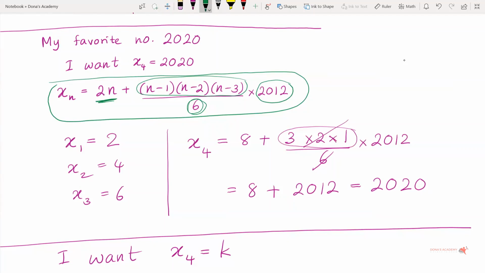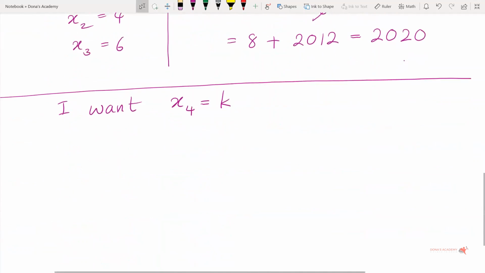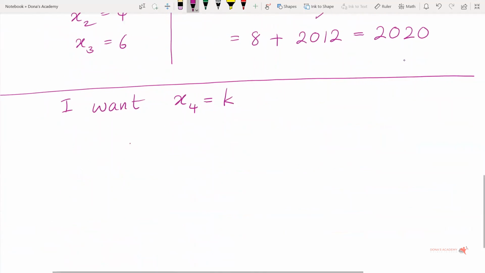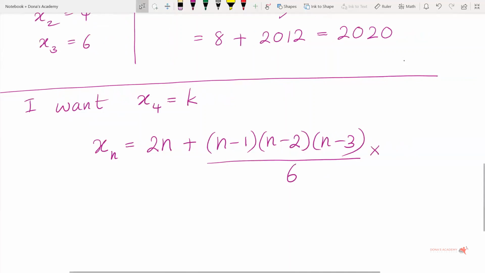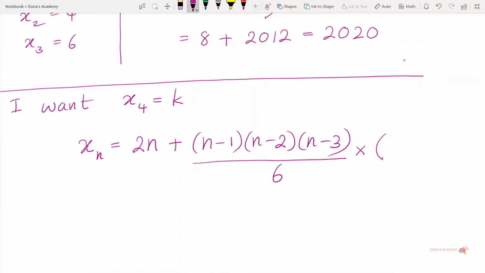So I wanted to have the difference between my number and 8 here. So what I'm going to do is now I take xn to be 2 times n still, because I want 2, 4, 6. And then (n minus 1)(n minus 2)(n minus 3) divided by 6 times the difference between my number, which is K, and 8.